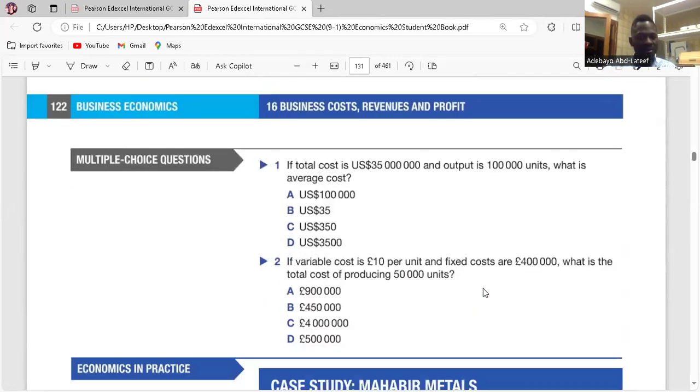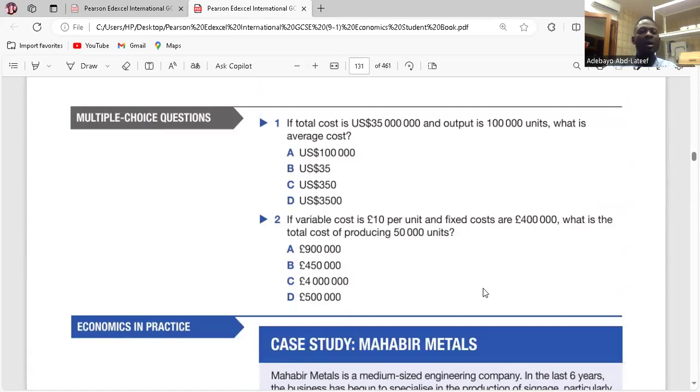Oh, we have the case study. They said if total cost is 35 million and output is 100,000 units, what is the average cost? AC is TC divided by Q. TC here is 35 million, divided by output of 100,000.